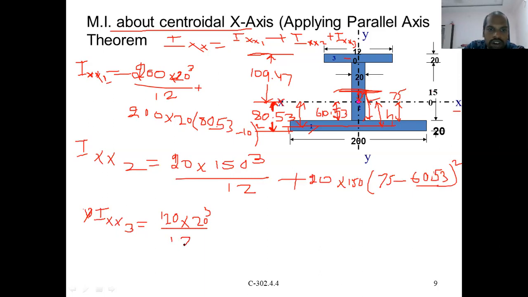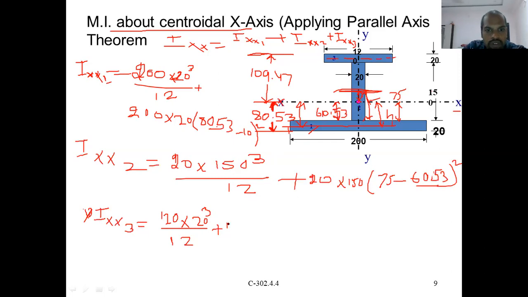That's what I am writing, 120 into 20 cube divided by 12. This is the moment of inertia of this rectangle about its centroidal axis, but we need it about this axis. For that, you have to use the parallel axis theorem. So that is the moment of inertia about the centroidal axis plus AH square.